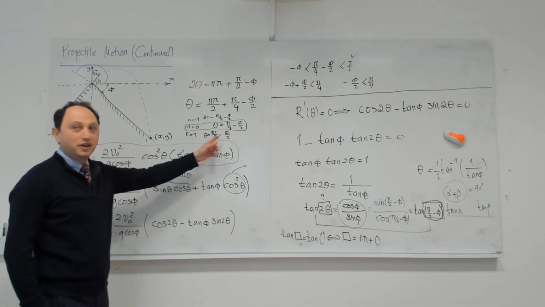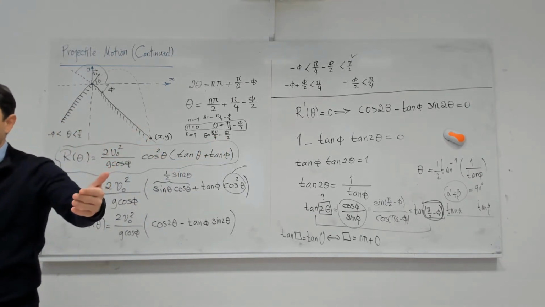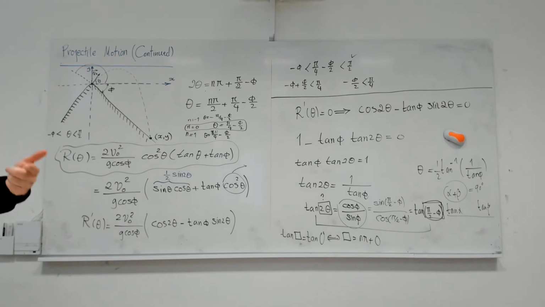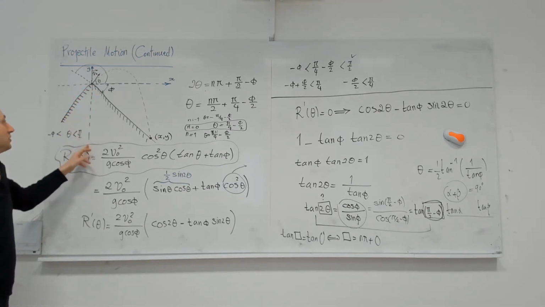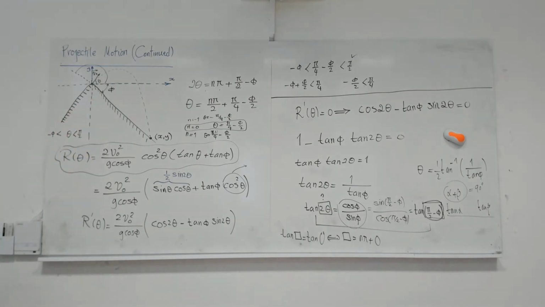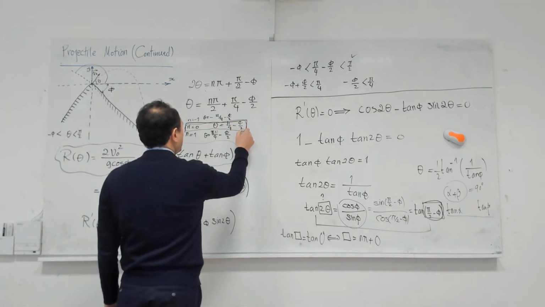Why? Because phi over 2 cannot reach 45. Because if phi over 2 reaches 45, it means that phi reaches 90. Yes? But phi equal to 90 means that you actually should fall down yourself. Yes? So you cannot do that. So that's also not possible. So I hope that you agree with me that this is the only possible solution.